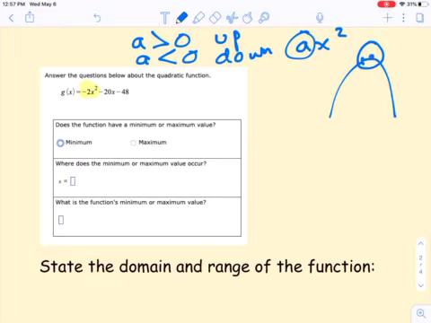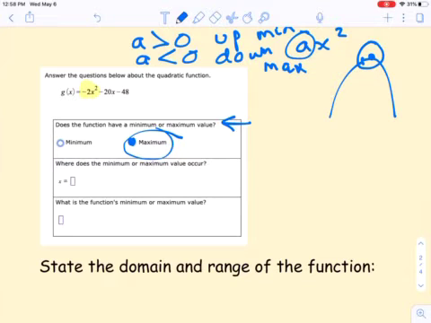And the vertex on this particular graph is going to be the highest point on the graph. So if it's opening downward, it's going to have a maximum, and if it's opening upward, it's going to have a minimum. So, does the function have a minimum or maximum value? It has a maximum value. We would mark that right there in blue.